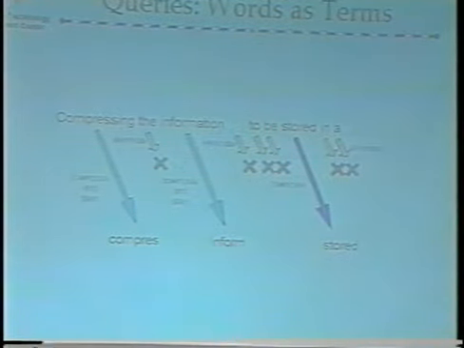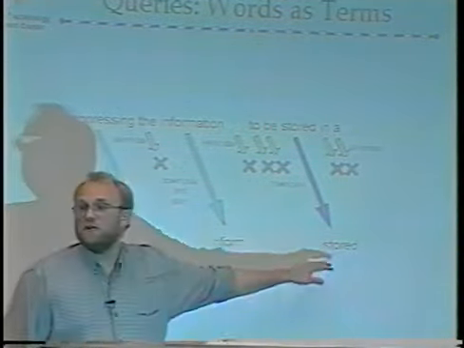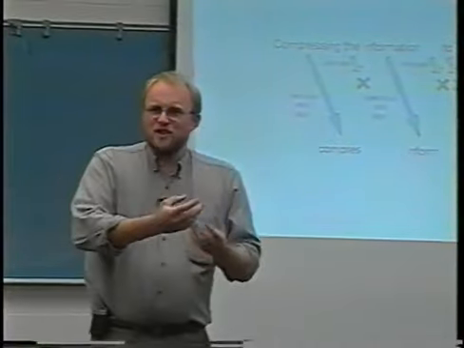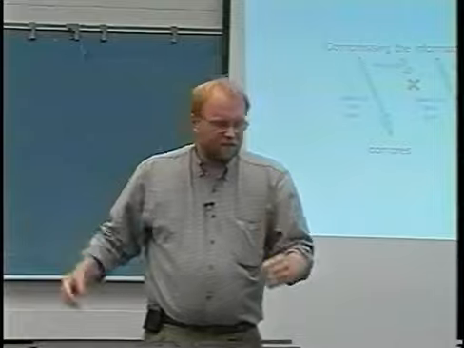Some systems will do that. On the web, often systems won't even do that. But you end up with a bag of words. It's just a document that's described by a collection of words with no ordering information. The queries are similarly characterized so that the person's query gets put into the system, gets chopped up into words, and the query then is treated as another bag of words. And you're interested then in matching one bag of words against another.